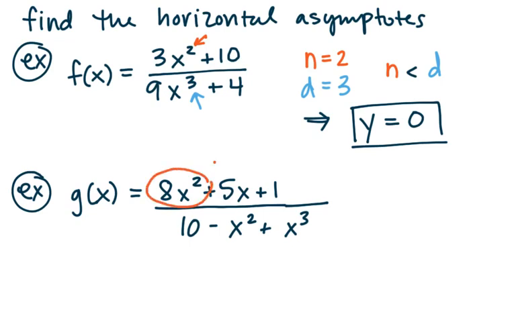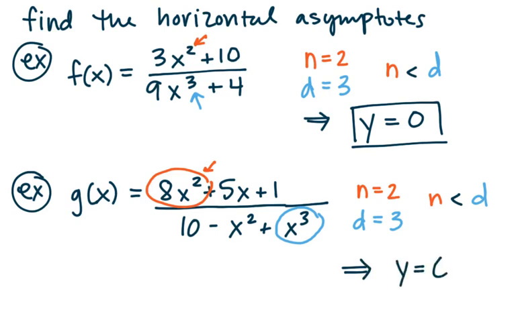My highest power in the numerator gives n equals 2. Now, the leading term doesn't always appear first. In this situation, the highest power in the denominator is d equals 3. So again, n is less than d, and because n is less than d, y equals 0 is our horizontal asymptote.